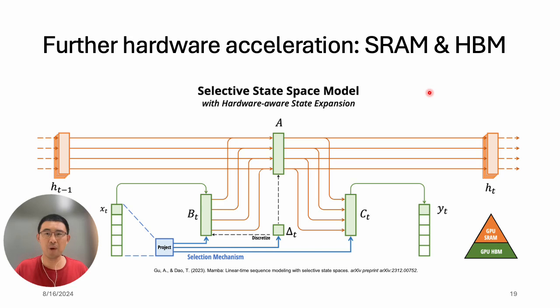The authors say the hidden state is pretty big and we want to do a lot of computation over it, so we store the hidden state in this orange area, which is static RAM, and do all those computations using the static RAM. For the parts where slower is okay, we use the HBM. By doing this, we also minimize the data transfer back and forth between the SRAM and the HBM, which is very expensive.